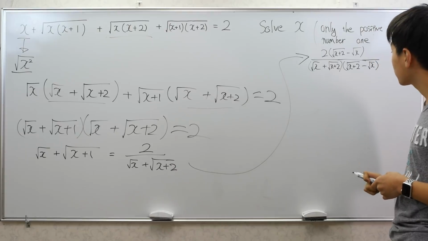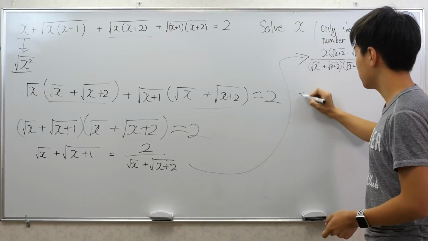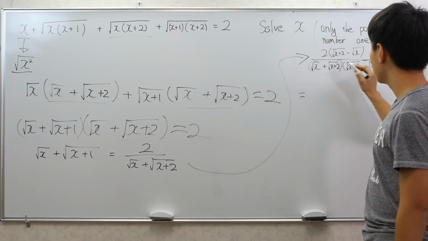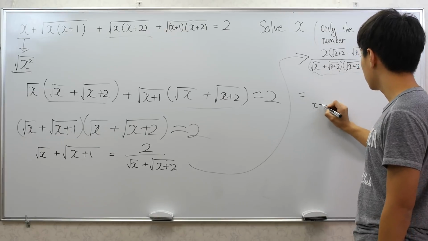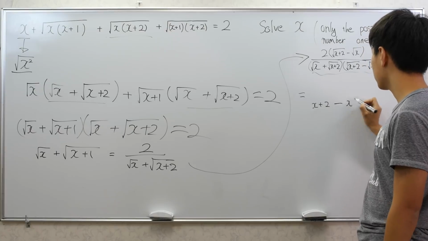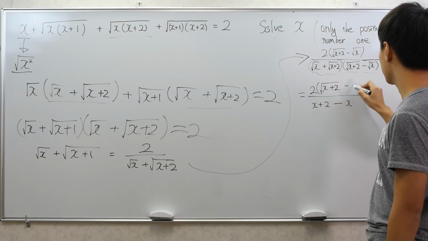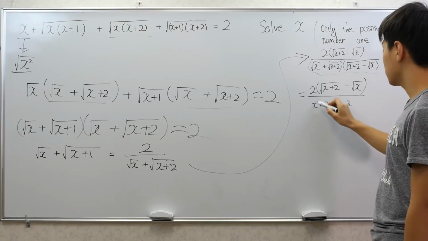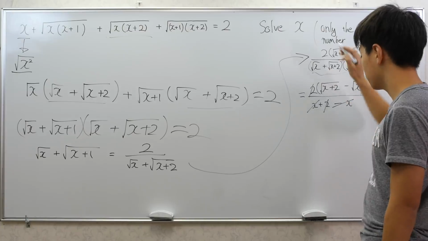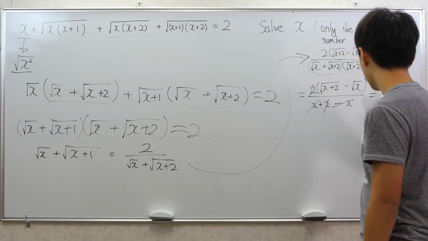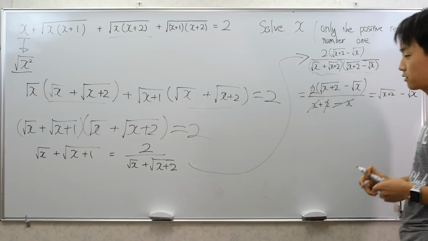But you just multiply by the exact same amount on top and bottom, and you can make this part very easy. That gives x plus 2 minus x, and you're left with this, right? So this will eliminate each other, and you can divide 2 on both top and bottom, so it will end up as square root of x plus 2 minus square root of x.